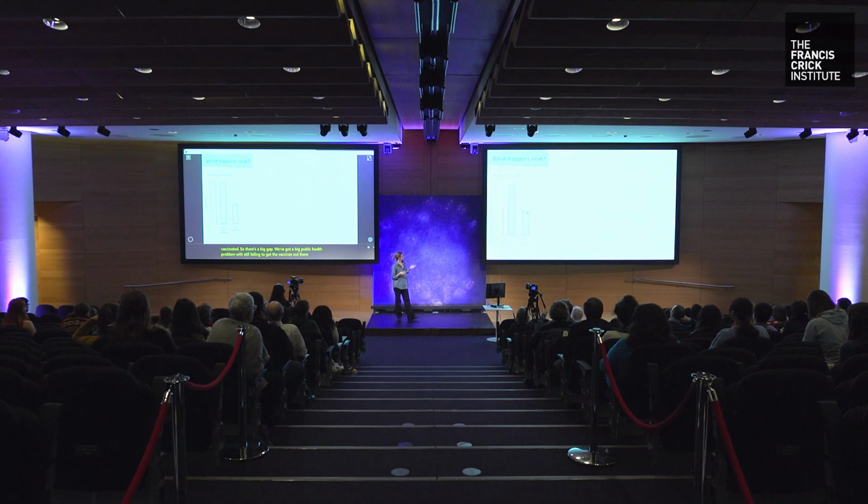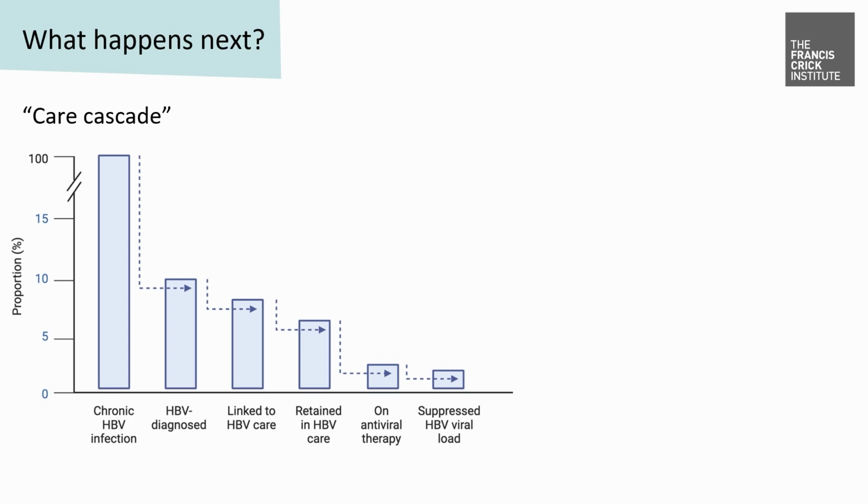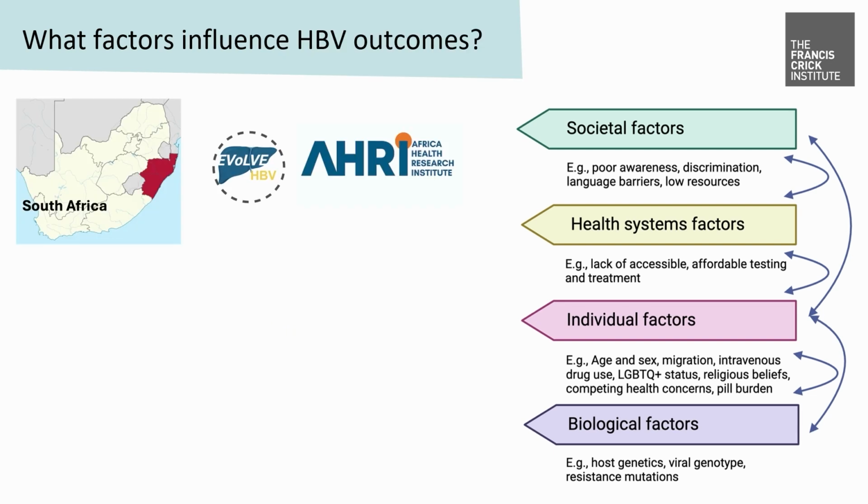And we can think of this in terms of a care cascade, which is this sort of diagrammatic model of who's diagnosed and then who's been linked to care, offered treatment, and is having successful treatment. And there's a big drop-off at each step of the pathway. And that's due to interplay between a whole range of different factors that are listed on the slide here.